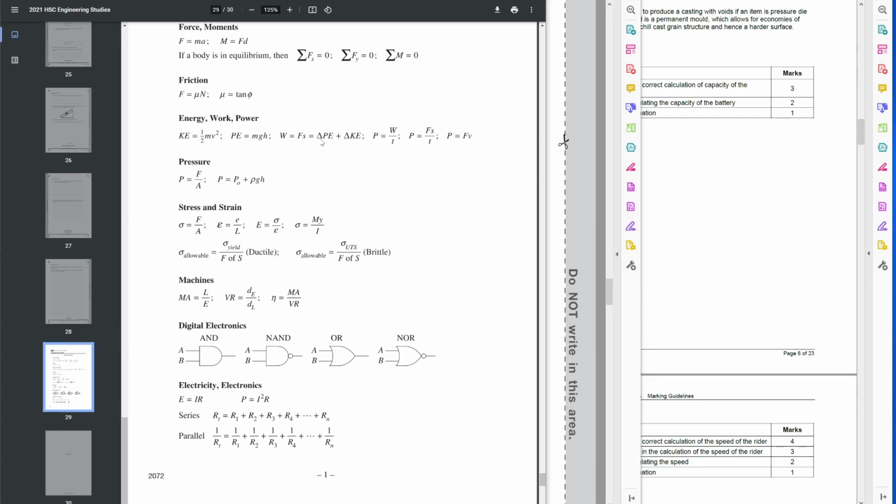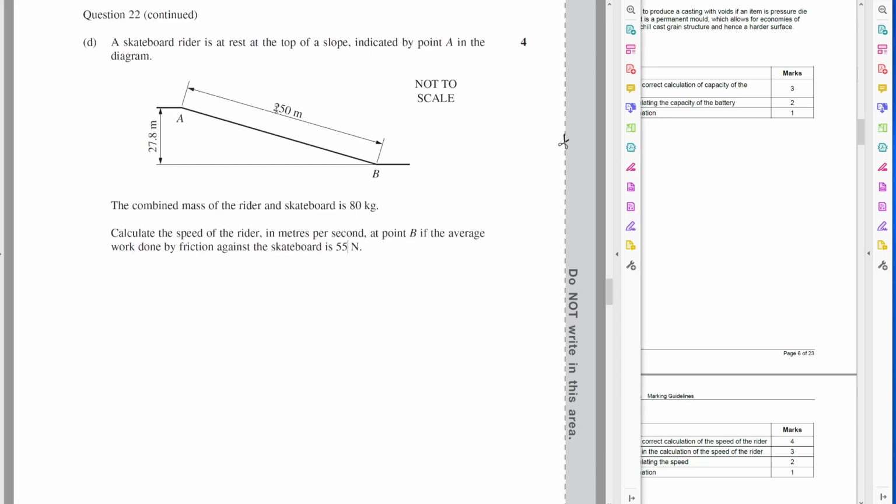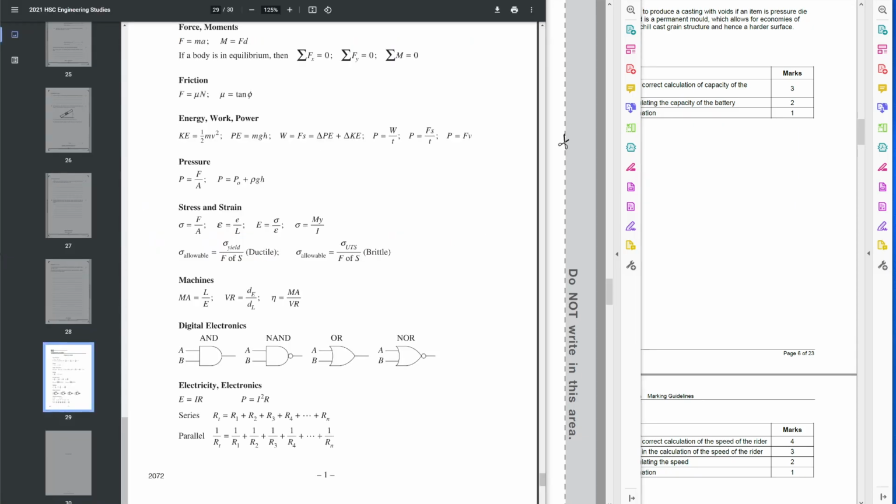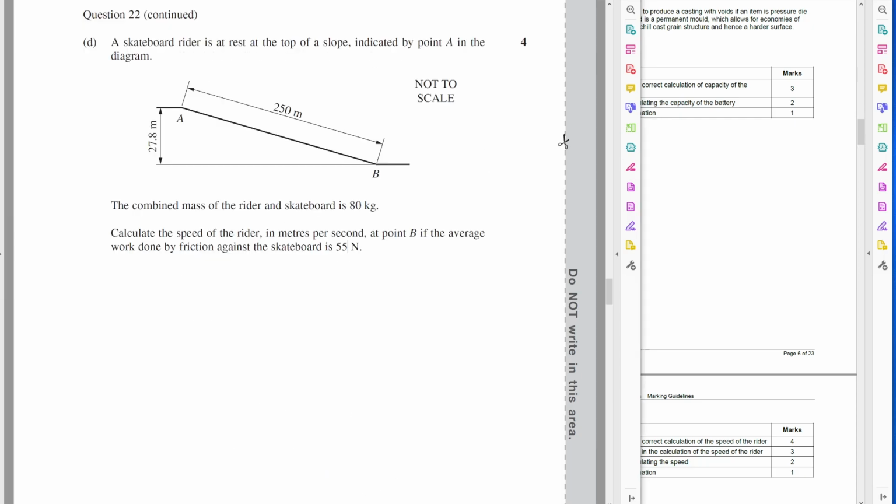What we can effectively do is say that potential energy equals kinetic energy if there's no friction, and kinetic energy equals the potential energy minus the friction if that's the case. Our displacement in this case is 250 meters, and when we talk about potential energy, our height is how far we've moved from the center of the Earth, which was 27.8 meters.